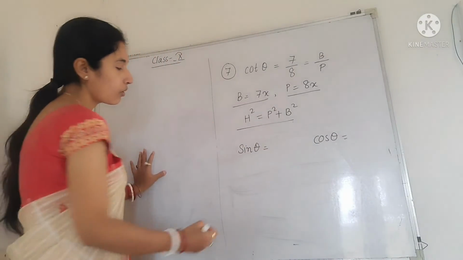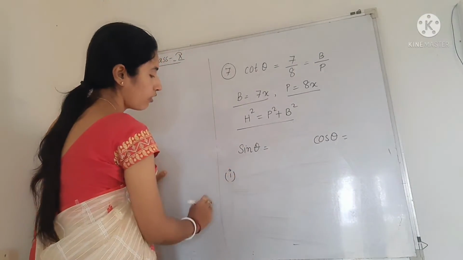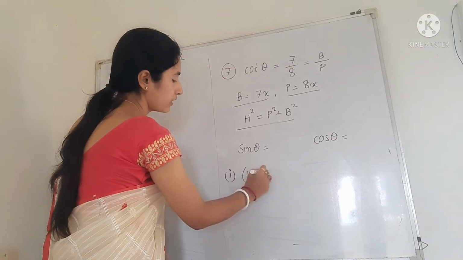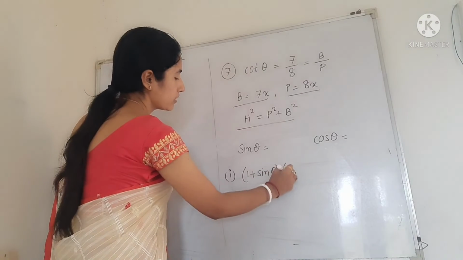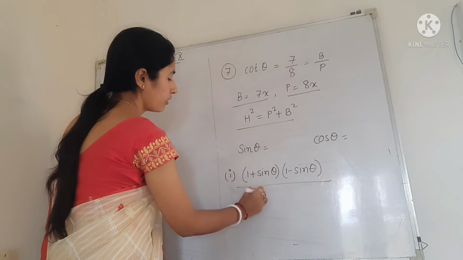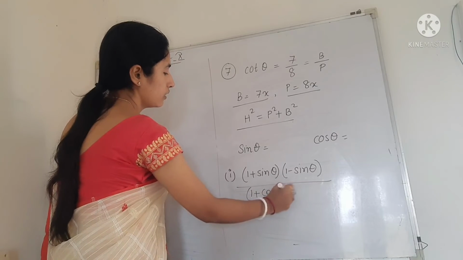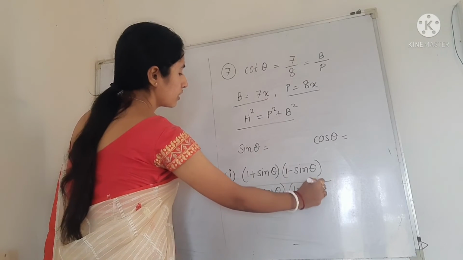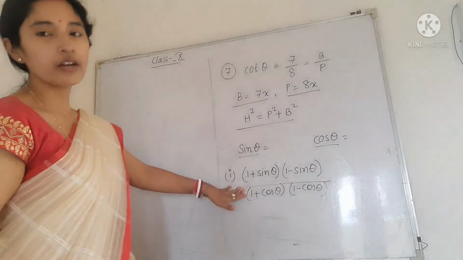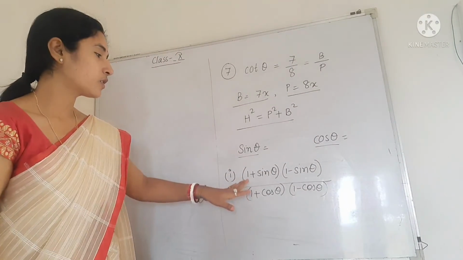Why do we need this? Because we have to find the value of the expression given in 1, that is (1 plus sin theta)(1 minus sin theta) by (1 plus cos theta)(1 minus cos theta). The values which you get for sin theta and cos theta you have to put here, and after that you have to solve. This is very simple.